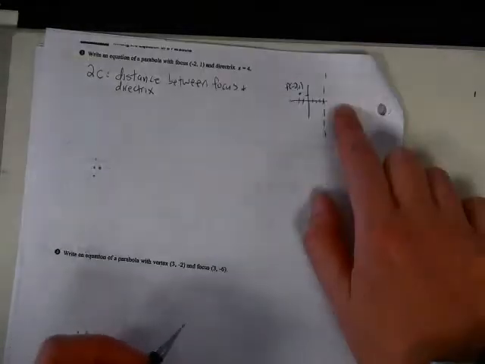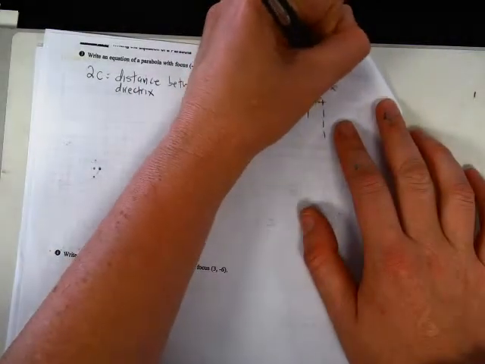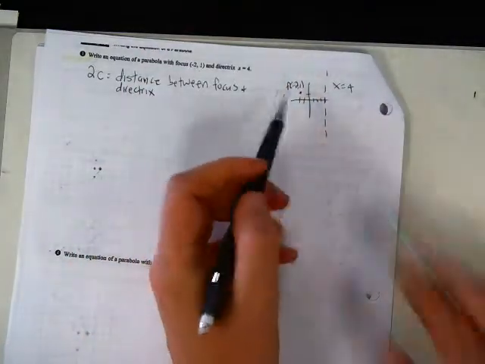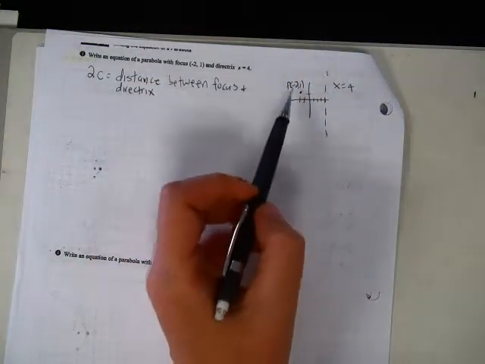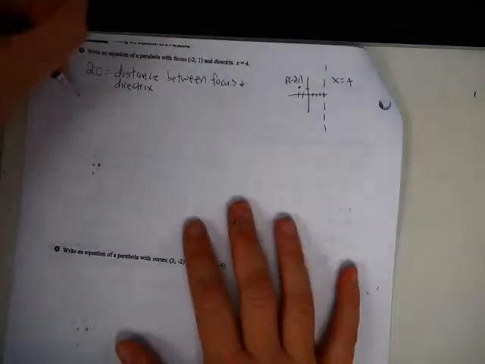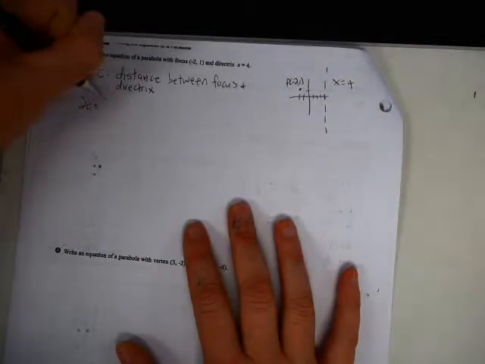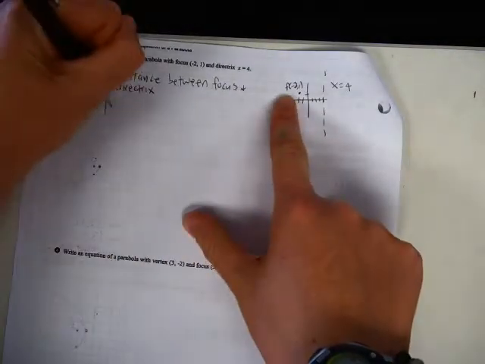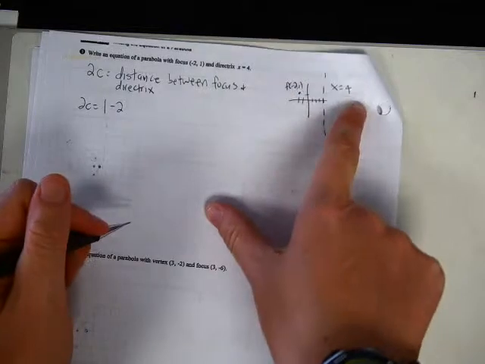So let me find that, and then I can find c. So we said that the directrix is x equals 4. So my x values go from -2 to 4. So I'm just going to subtract my x values to find my distance. 2c is the absolute value of -2 minus 4.